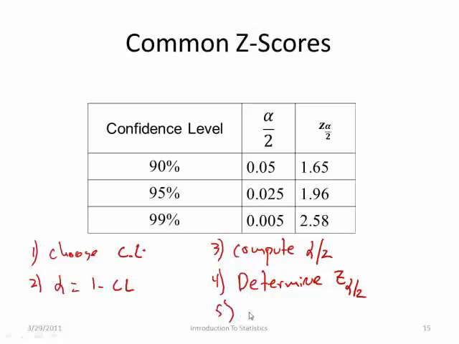And then finally, step 5, compute x bar plus or minus z alpha over 2 times sigma over root n. So this is the procedure you can follow to compute confidence intervals.